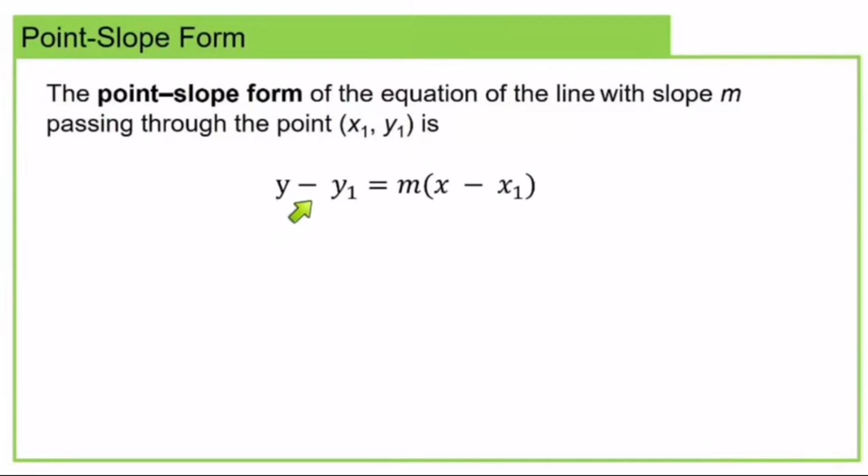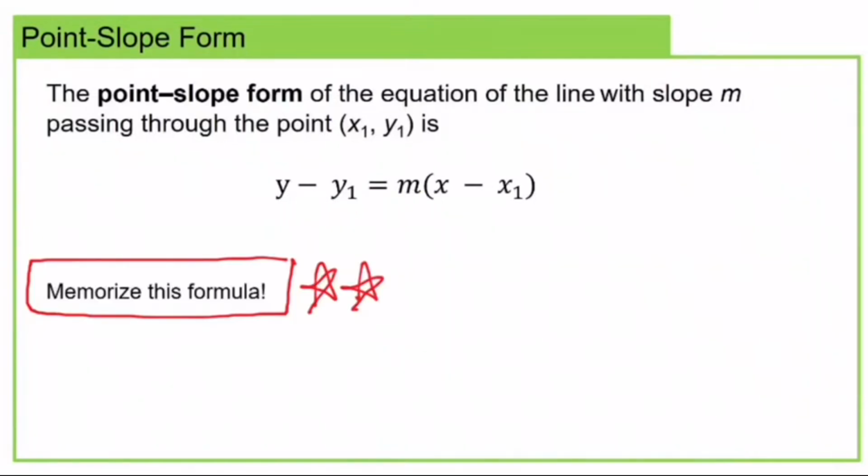It says y minus y1, which is the y coordinate of the point we know, equals the slope times x minus x1, which is the x coordinate of the point we know. Now when we're all finished, we'll have numbers plugged in here for y1 and for m and for x1, but this x and this y will remain as variables.